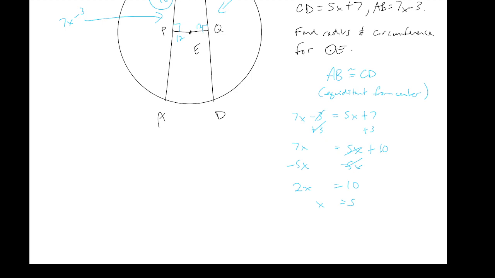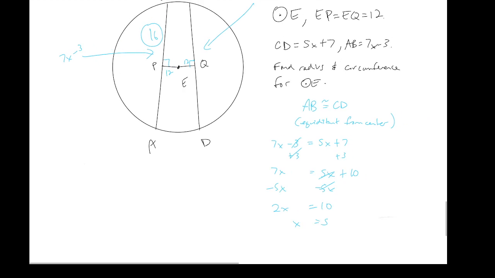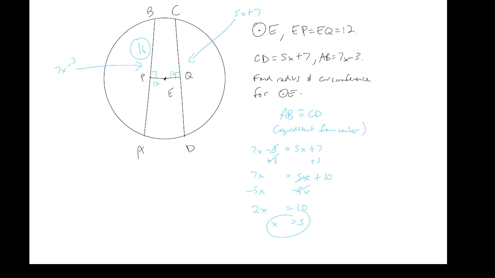Right? And again, since x is equal to 5, we're going to plug it back in, right? Because we know that AB is equal to 7x minus 3, or 7 times 5 minus 3, which is going to be equal to 32, right? And we know that AP is equal to BP through the theorem that we had, right?